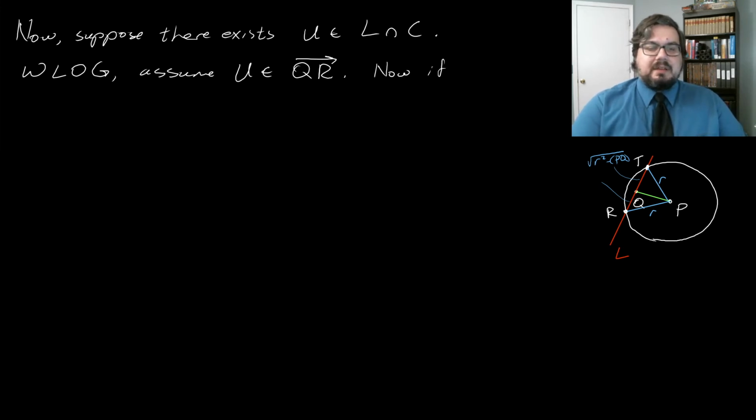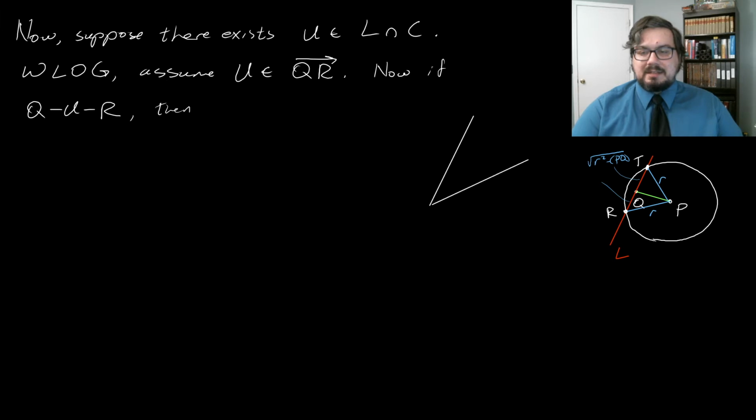Now, if U lies between Q and R, then let's see what the figure is that we get, and I'm going to blow up the figure for that situation. So in that case, we would have the following.